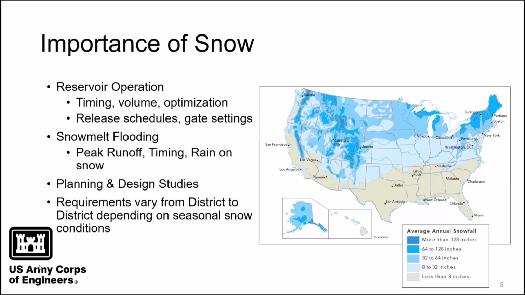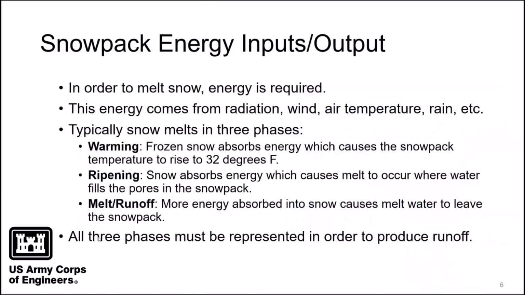In fact, I just learned recently that the flood in March 1936, which was heavily influenced by snowmelt, caused or sped up the passing of the Flood Control Act of 1936, which had a huge impact on this organization's role in flood control. Okay, maybe I went too long about the importance of snow, but next one.